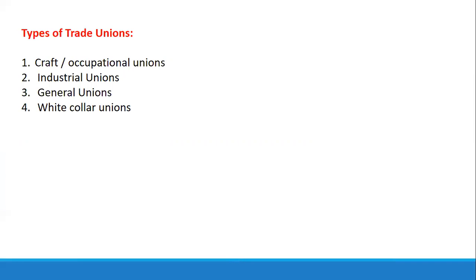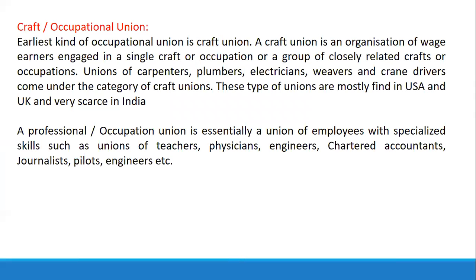Let us try to understand these types of trade unions in detail. Let us see the first one, craft or occupational union. The earliest kind of occupational union is known as craft union.